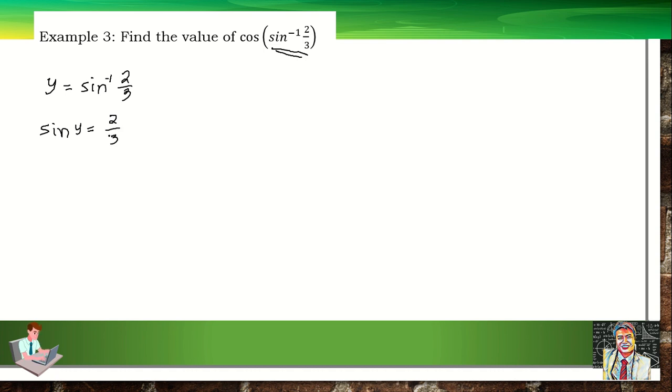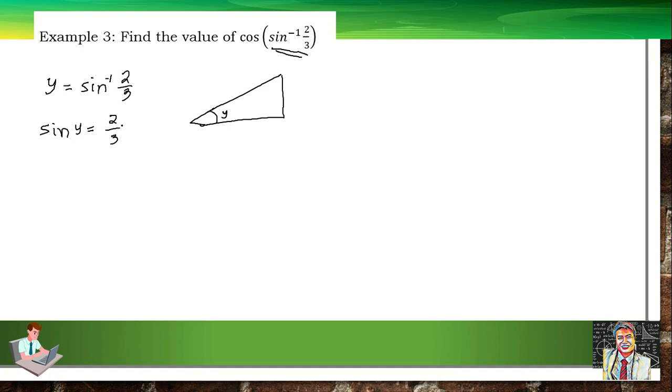Right? Wherein, in terms of a triangle, if we locate the sine, it means y is the angle, right? If we have a given angle, a given triangle, this is the y.